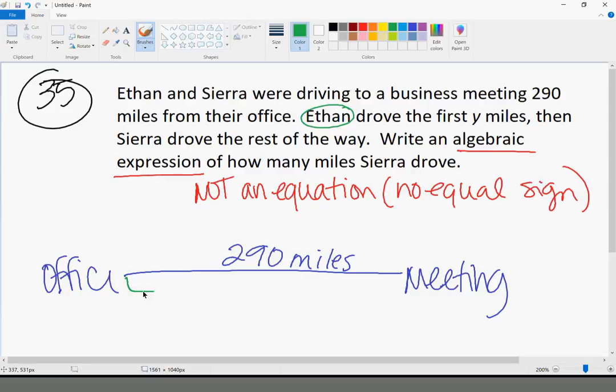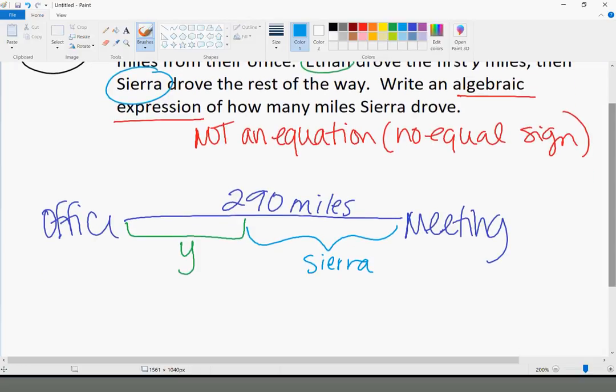Let's say Ethan drove from here to here, and that's Y miles. Then Sierra drove the rest of the way. So this is Sierra. Write an algebraic expression of how many miles Sierra drove.